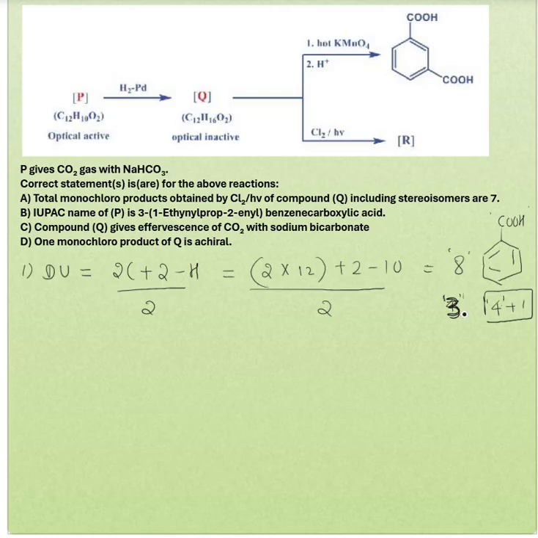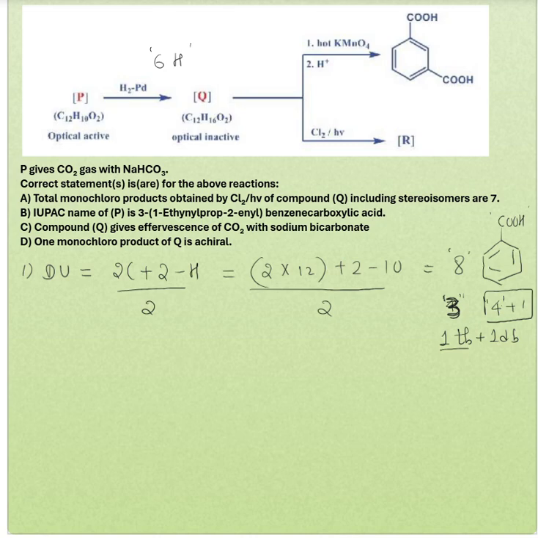That means there can be 3 double bonds, or 1 triple bond and 1 double bond, because whenever we have a triple bond it accounts for 2. So 2 plus 1, 3. That possibility is also there. Alright, now moving on. When you have this P molecule, upon hydrogenation, it forms C12H16. That means it corresponds to 6 hydrogens.